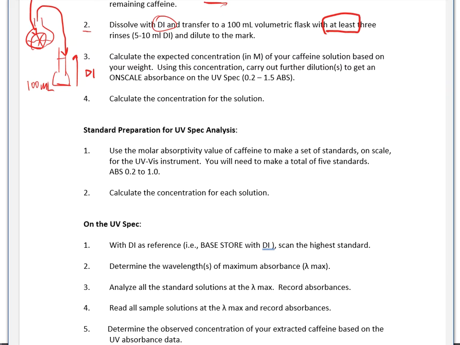Next up is this category that says, okay, standard preparation now. So just one sample is not going to do me any good. I need to build a calibration curve. If I'm going to do proper quantitative work, I need a calibration curve out of this thing. So now it's going to say, all right, using that same concept, take this molar absorptivity value and take target absorbance ranges and make a set of standards that are appropriate to run on a UV-Vis and make a cal curve with it. All right, so I use the same kind of concept.